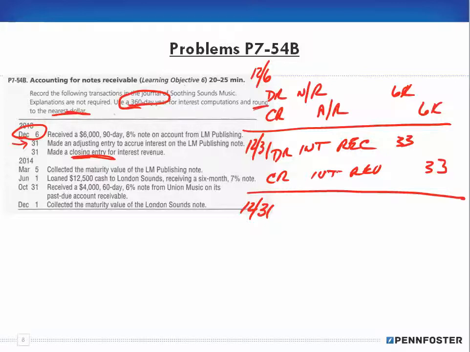When you make your closing entries, we would just close out all of our revenue and our expense accounts. Well, interest revenue would happen to be one of them. But in this case here, we're going to debit interest revenue for 33, and that's going to get moved to retained earnings 33.